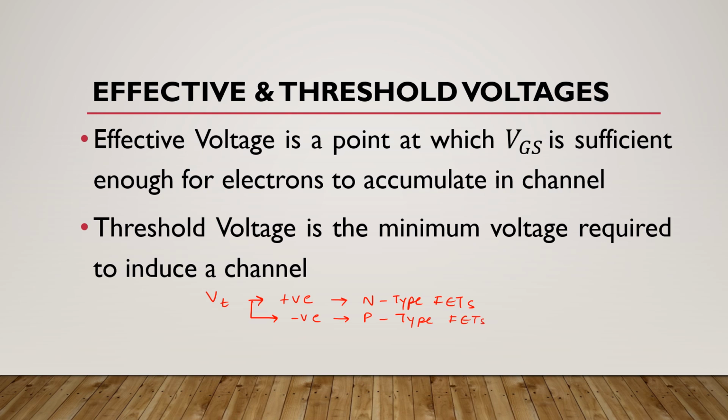More gate voltage will cause an increase in electrons in the channel. As a result, charge density will also increase. It means charge density is directly proportional to gate to source voltage minus threshold voltage, or we can say that charge density is directly proportional to effective voltage.